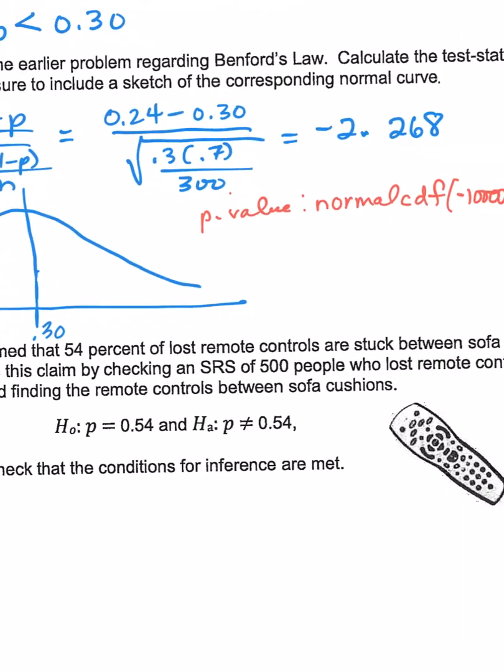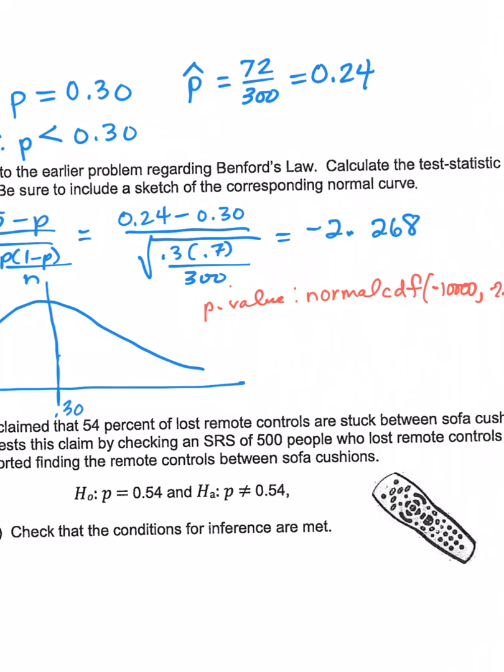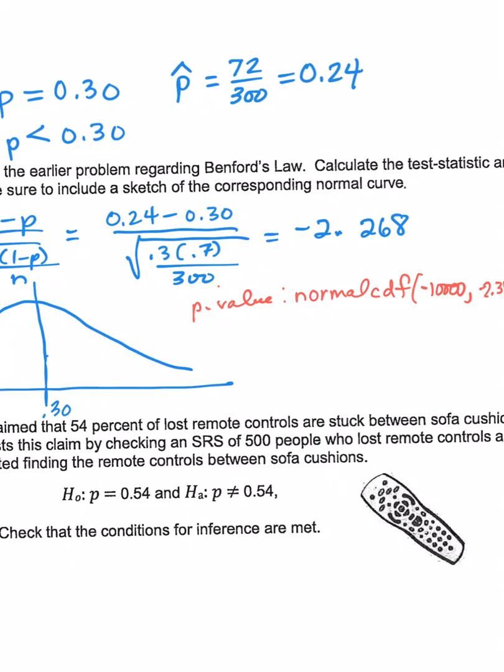And what was the standard deviation? Did we find the standard deviation? 0.3 times 0.7 divided by 300, take the square root of it, right? 0.026.